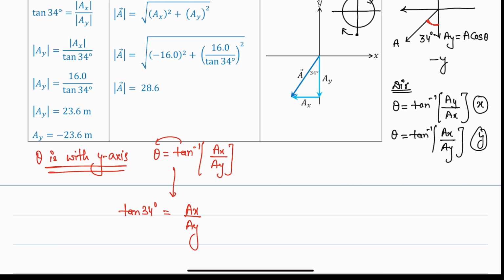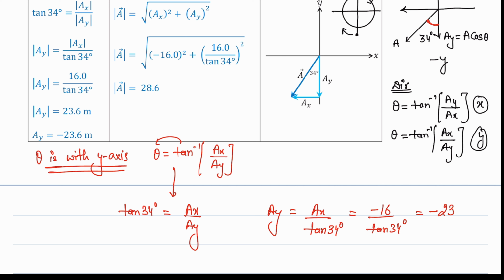Sure. Okay, what are we looking for? The y component of A. So Ay is equal to Ax over tangent 34 degree. Ax is negative 16. Negative 16 over tangent 34 degree. Find the value, negative 23.6 meter. Clear? Fine.